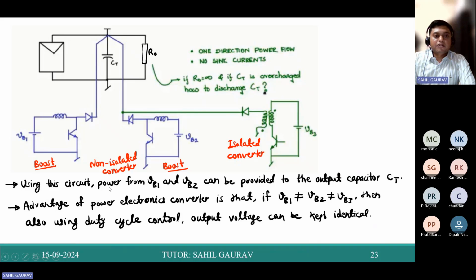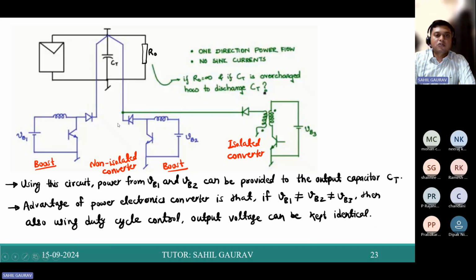So using this power tuning circuit, the power from battery 1 and battery 2 can be provided to the output capacitor CT. An advantage of this power tuning converter is that even if battery voltage 1 and battery voltage 2 are not the same, using duty cycle control this output voltage can be kept identical.